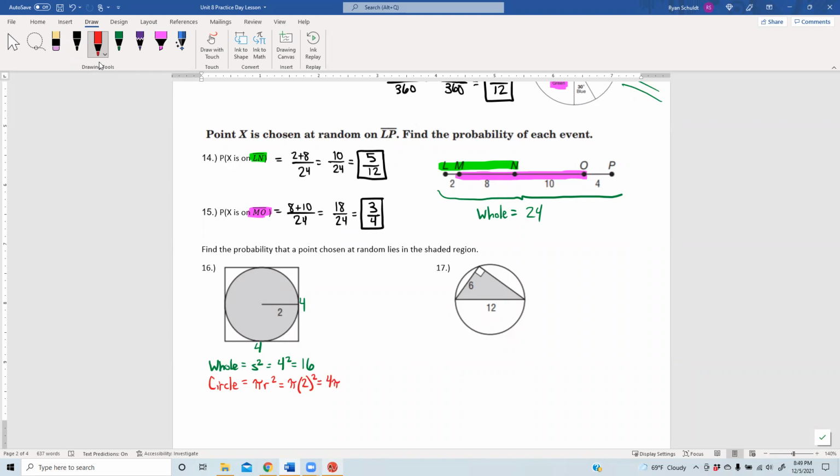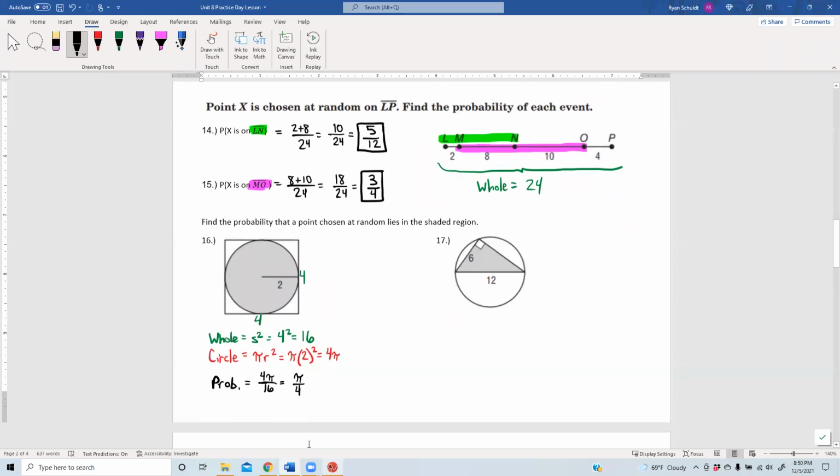I'll leave the 4 pi for now, because when I do my probability, I can use the exact answer. So the circle is my shaded area. That's going to be 4 pi over 16, which reduces to pi over 4.